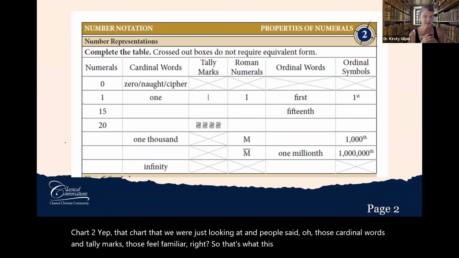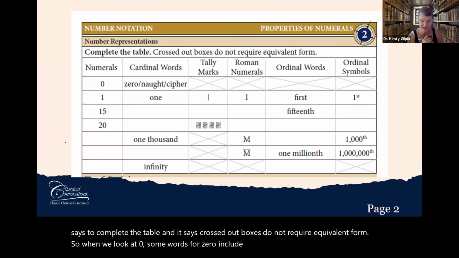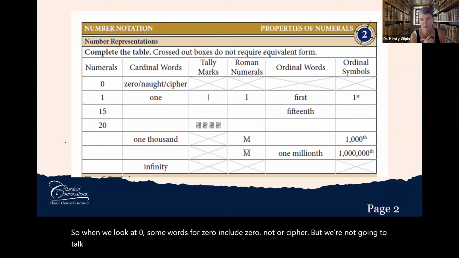So let's look, and it says to complete the table, and crossed out boxes do not require equivalent form. So when we look at 0, some words for 0 include zero, naught, or cipher, but we're not going to talk about tally marks or Roman numerals, ordinal words, or ordinal symbols.